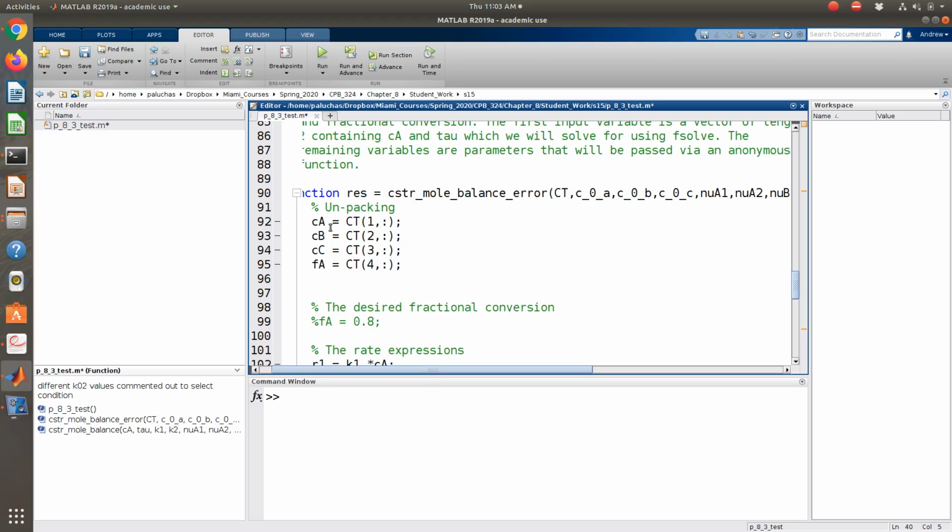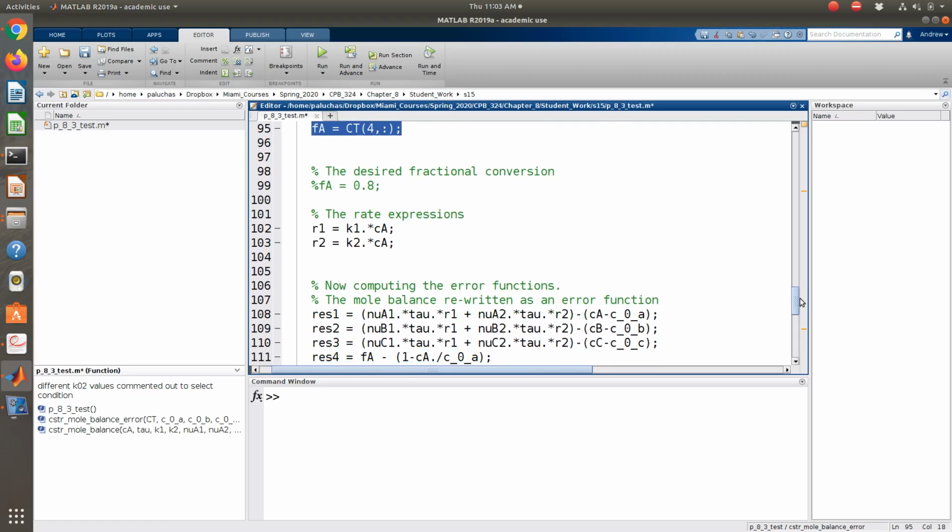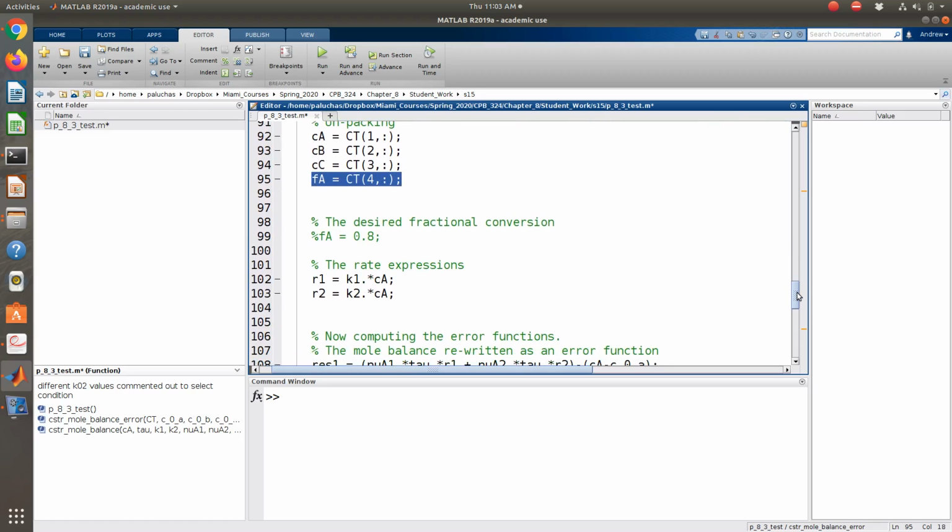You're trying to solve for CA, CB, CC, and FA, right? FA is really not an unknown. It's really not, because it's just your initial concentration of A minus your final, divided by your initial concentration of A. And so it's not really an unknown you'd put in there. It's something you're solving for.